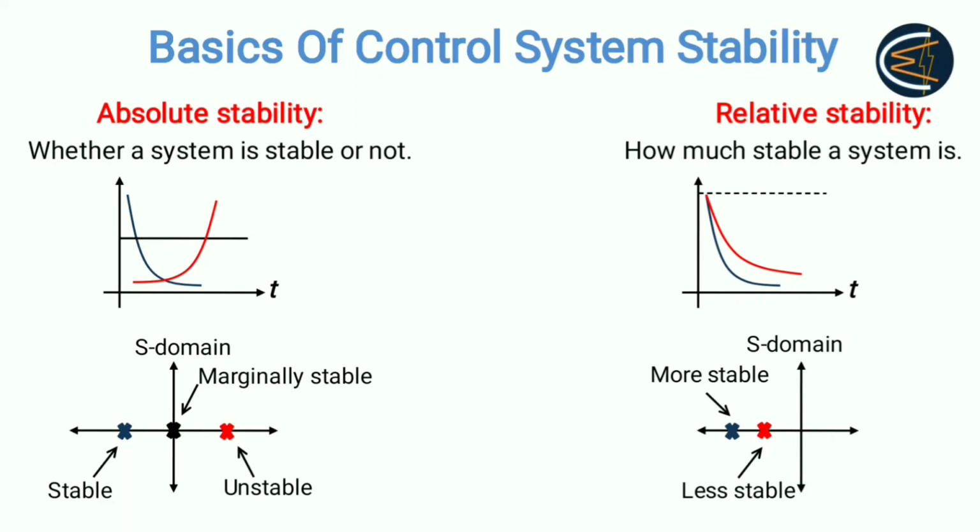The lesser the system stability, the nearer will be the poles with respect to the j omega axis. So for this red one, the pole is nearer to the j omega axis compared to the blue colored pole, because that blue curve is more stable. Okay, so this is an overall idea of control system stability.